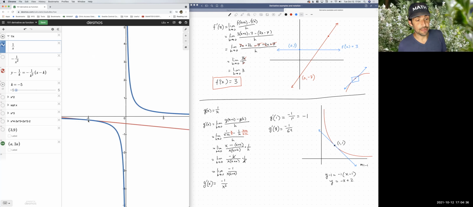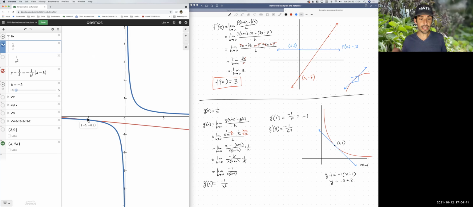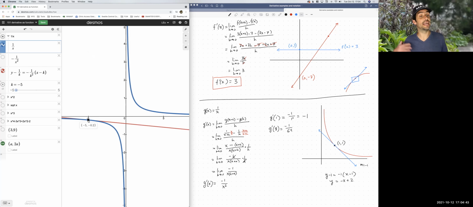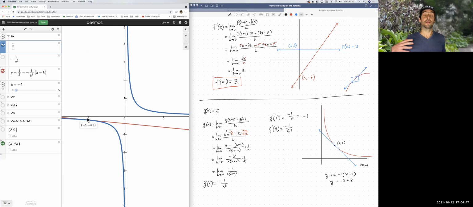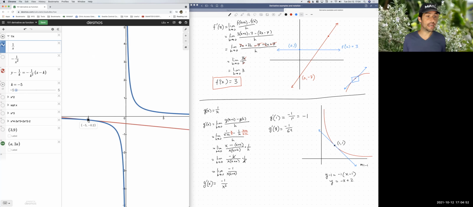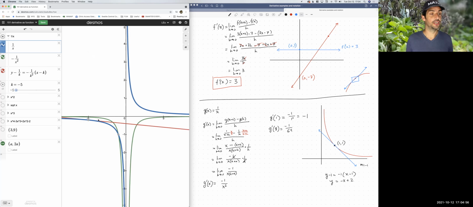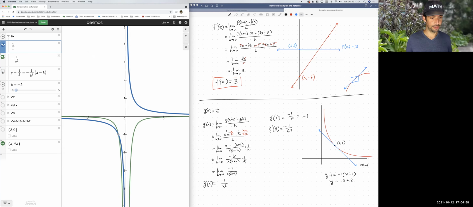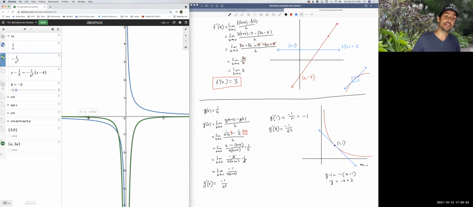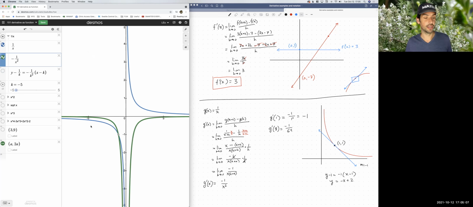If you think about the slope at x equals -5, putting it into -1 over x squared, we'd have -1 over 25, which is a very small value, near 0 but negative, right? Looking at the graph of the derivative, notice the value of that graph at -5 is -1 over 25, or -0.04.